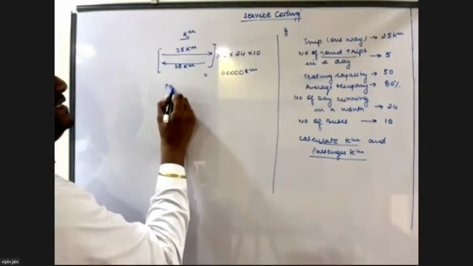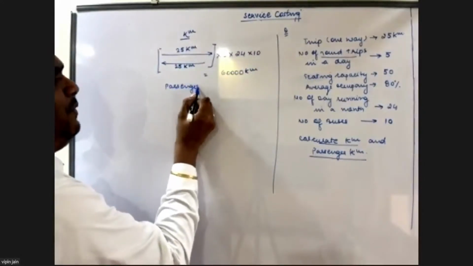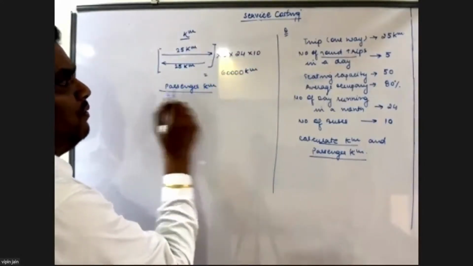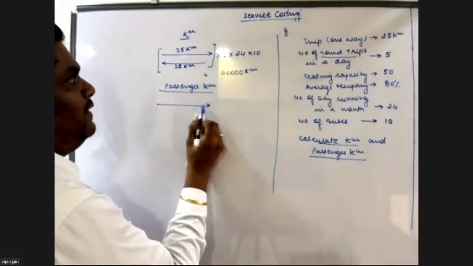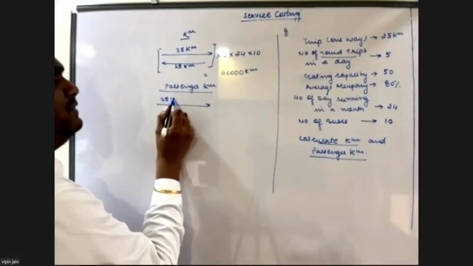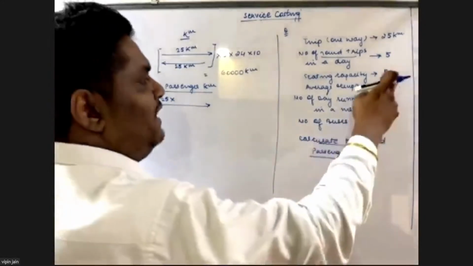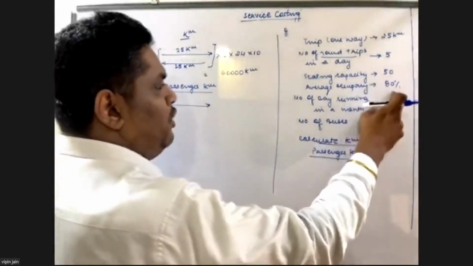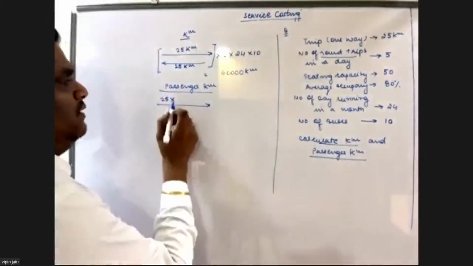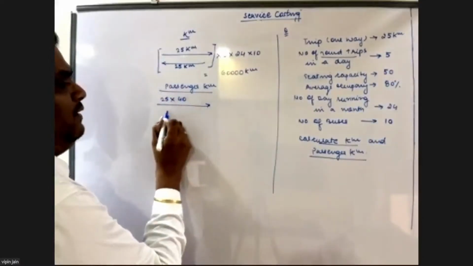When talking about passenger kilometer, again the same approach, wherein the onwards journey is for 25 kilometers and the passengers traveling are, seating capacity is 50, but the occupancy is only 80%. So this will be 40.